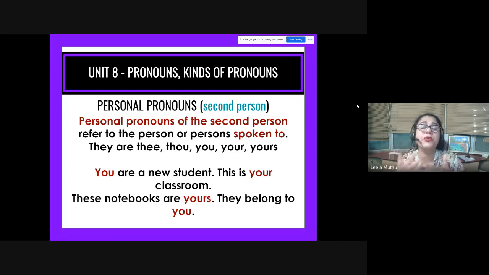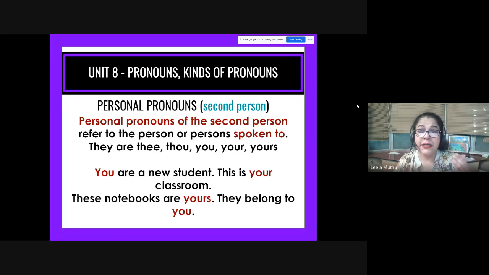We're talking to you or you all. So you, single, or you all in the plural, is the personal pronoun of the second person. Even the pronoun your, okay, these refer to the people who are being spoken to.